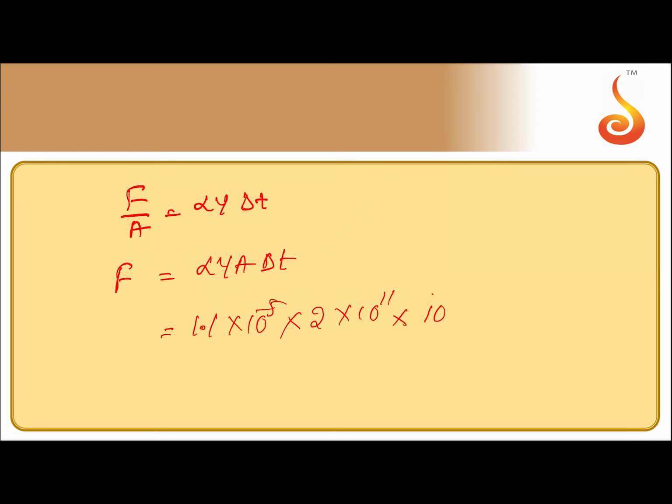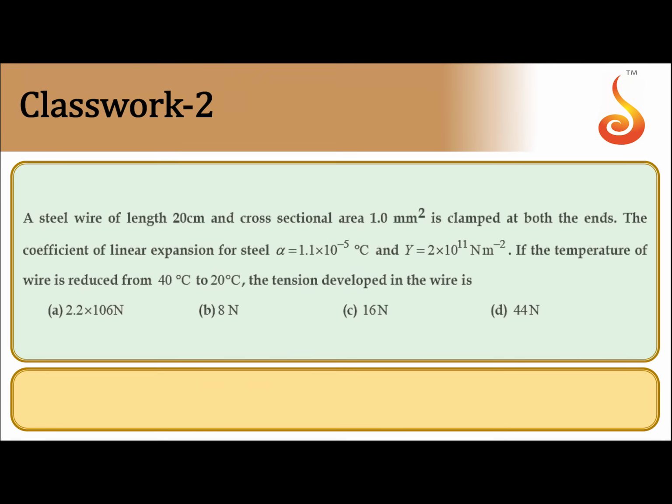Cross-sectional area 10 to the power of minus 6. And the temperature change is 20, and this simplifies to 4 into 1.1, that is 44 into 10 to the power of 10, that is 44 Newton. So 44 Newton is the thermal tension developed in the wire. So 44 Newton is the answer.